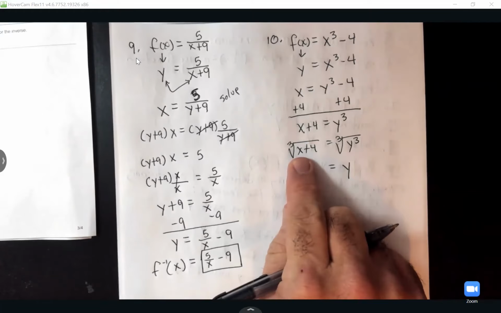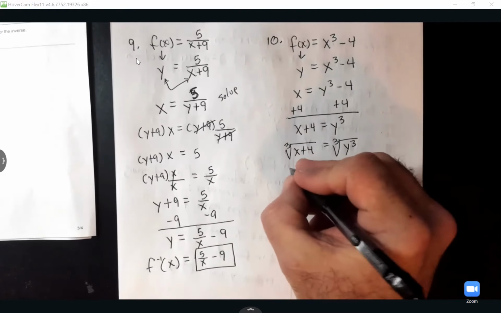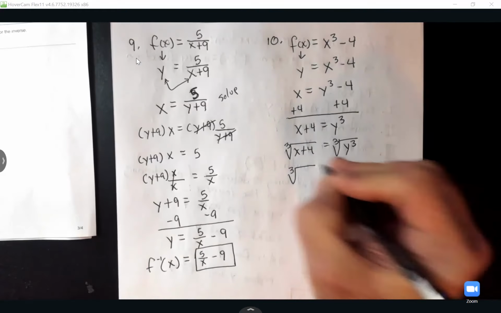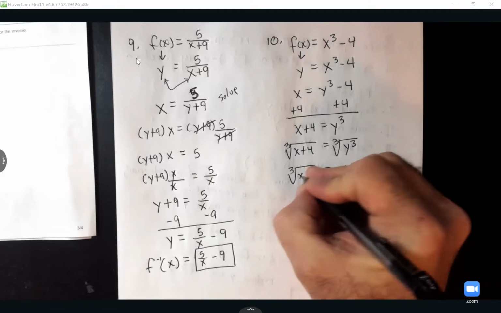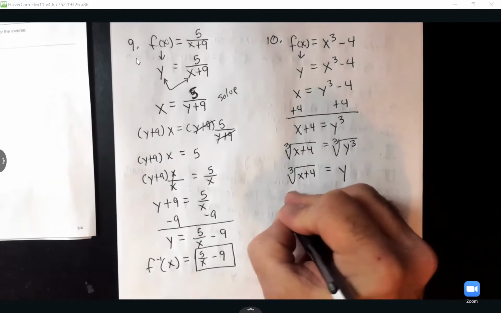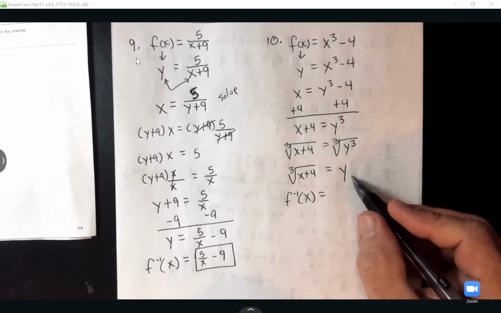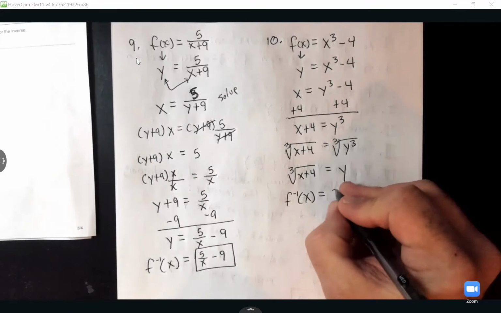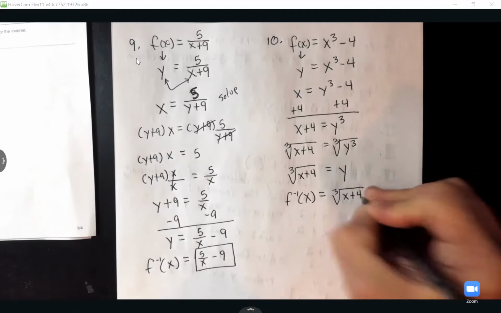Can you do anything to this side? No, right? So my final answer, since we've now solved for y, would be the cube root of x plus 4.